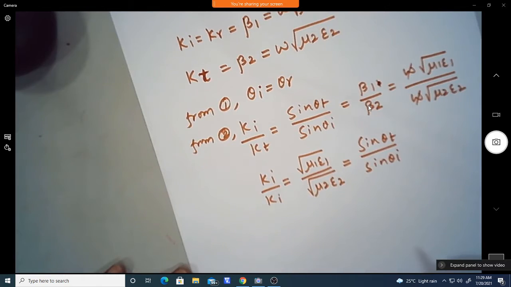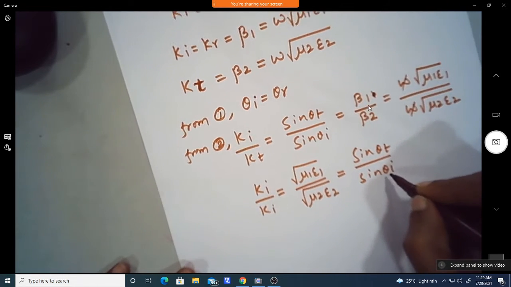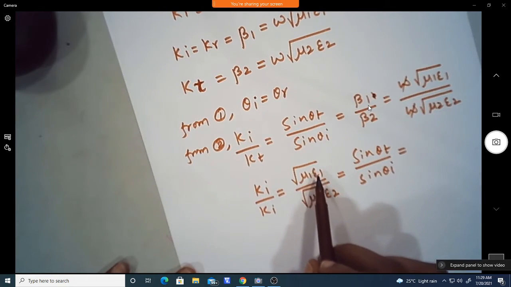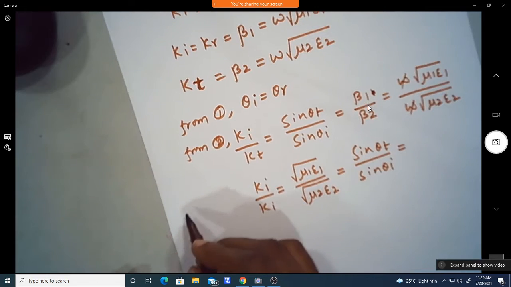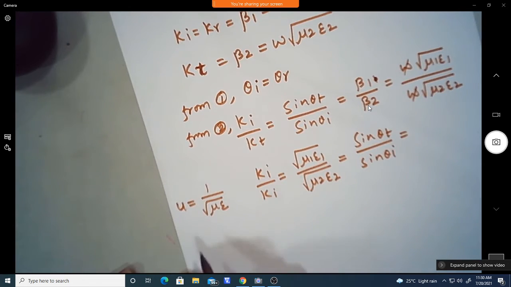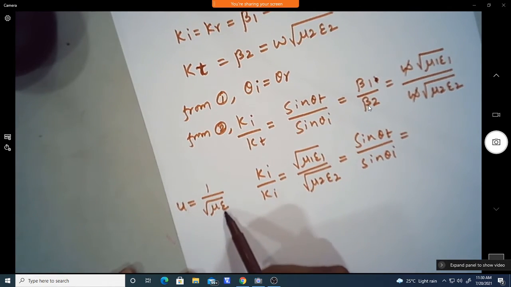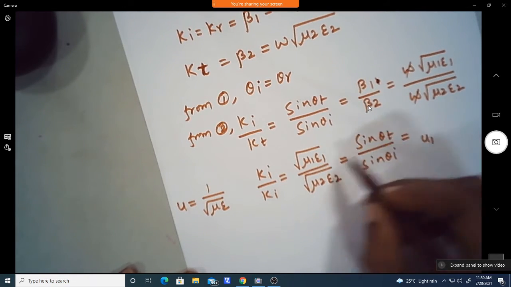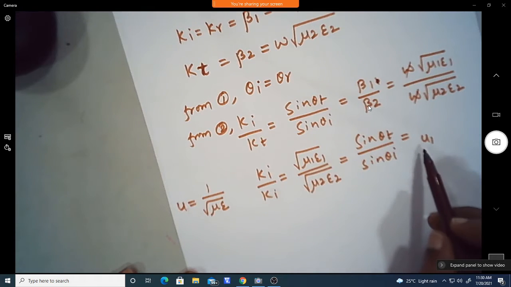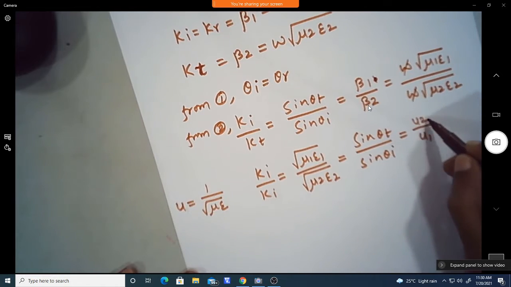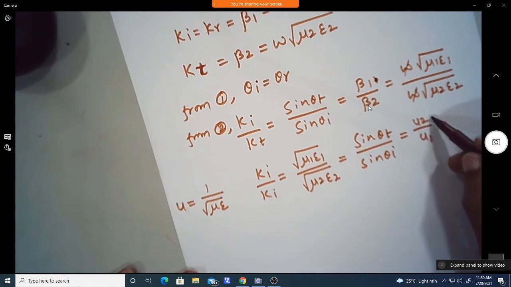Now, sin theta t divided by sin theta i we can also express in terms of the velocity. The wave velocity is 1 over root mu epsilon. In medium 1 it is mu 1 epsilon 1, so 1 over root mu 1 epsilon 1 we can write as u1, and similarly for medium 2 as u2, where u1 and u2 are the wave velocities in medium 1 and medium 2.